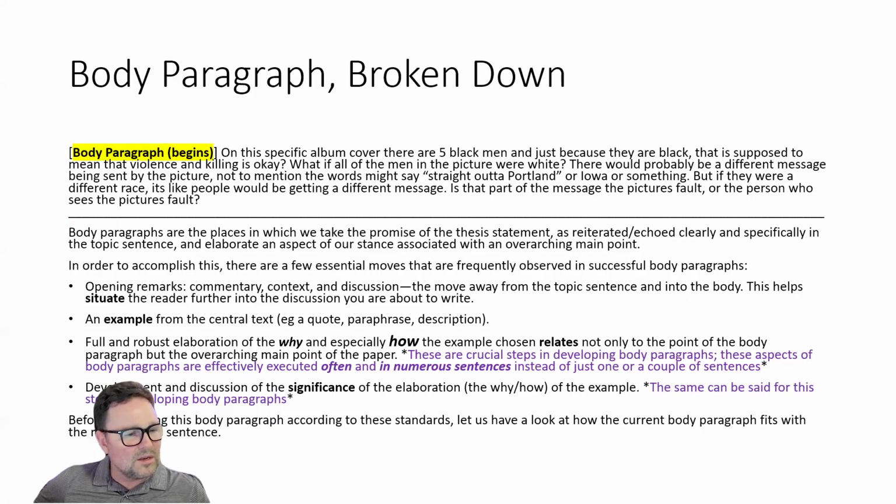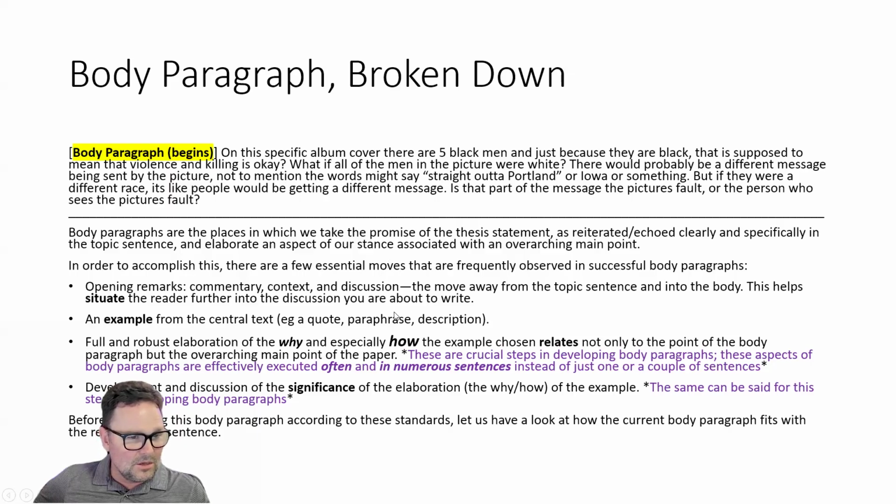So, the "so what" question. Preview that a little bit, that you'll probably end up concluding your paragraph with. But if you just jump from the topic sentence, then boom, into an example or a quote or paraphrase, whatever it happens to be, it's a little bit abrupt. Try and build a little bridge from the topic sentence to the actual example that you're going to be taking.